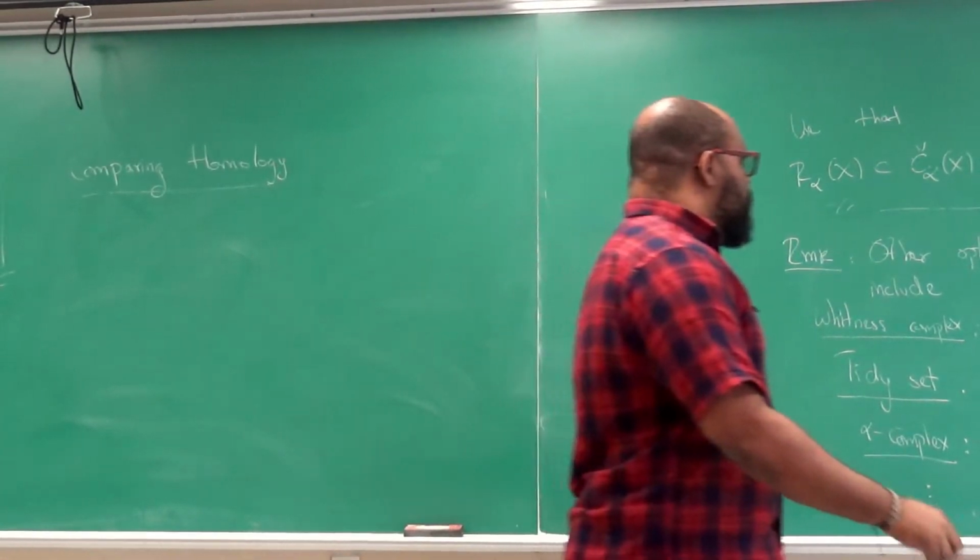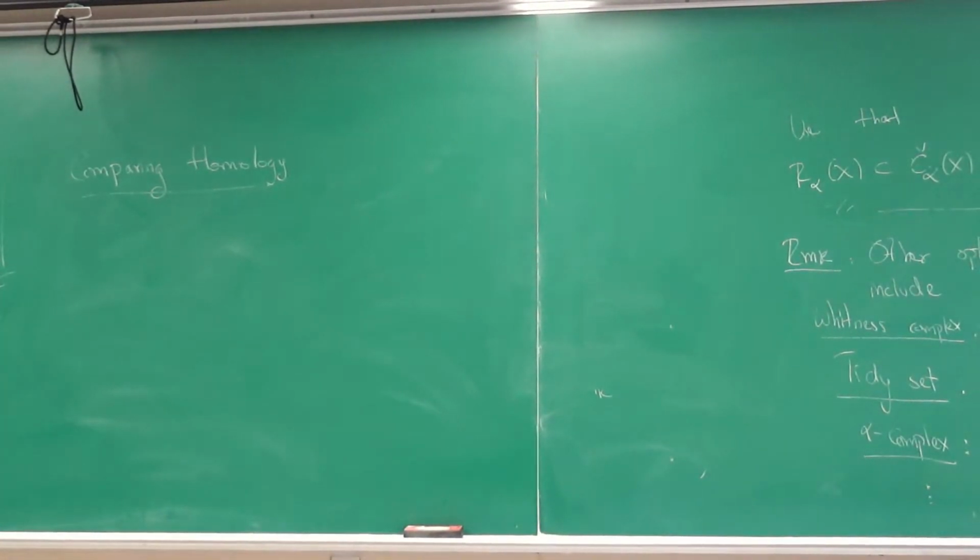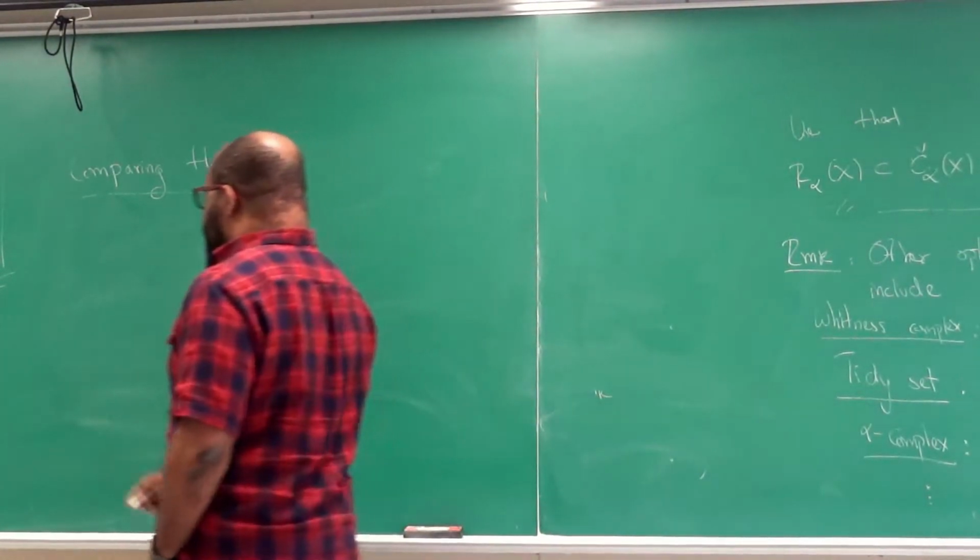Okay, so if you vary alpha, you get a bunch of simplicial complexes. We do know how to compare simplicial complexes via simplicial maps. So let's just remind ourselves what that was.